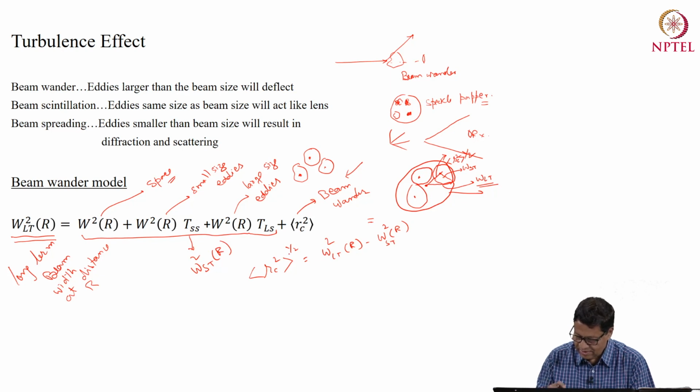Or you can write this as such, and this is the beam wander. So beam wander can be written as this.